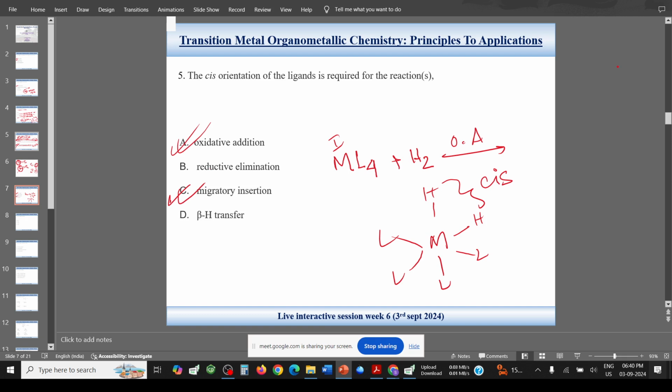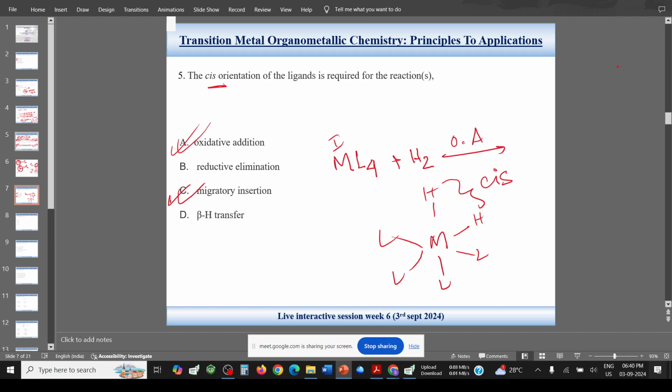So remember this question when we discuss the different synthetic procedures of catalytic reactions like Monsanto acetic acid synthesis. Remember that the cis orientation is very much required for these two types of reaction during the mechanistic cycle. One is oxidative addition, another is migratory insertion. The cis orientation is very much important.